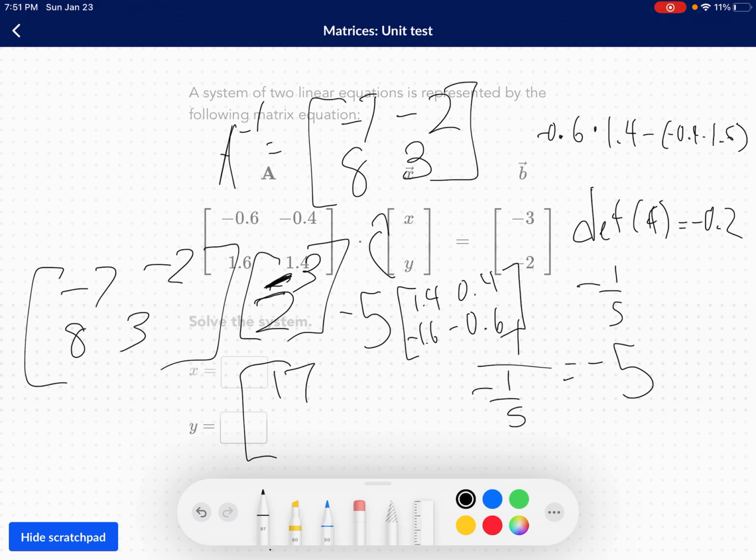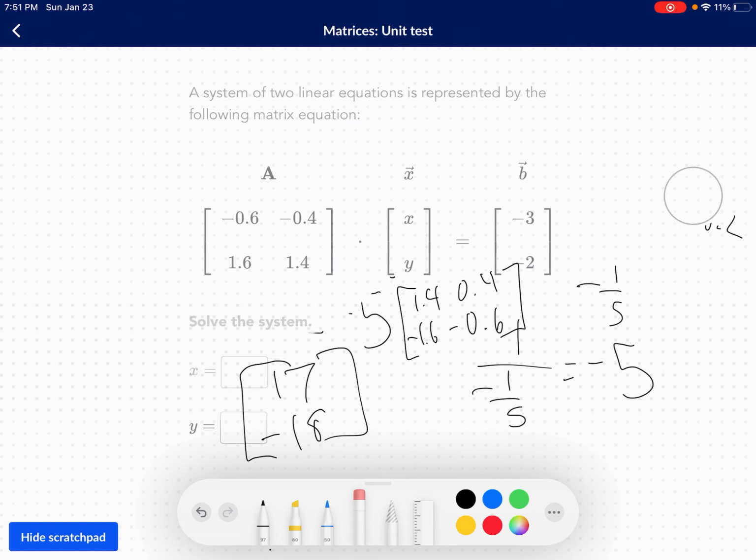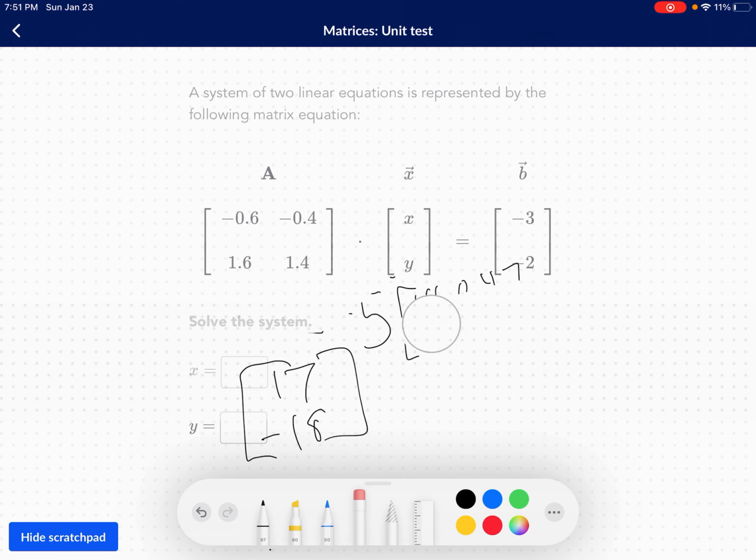And 8 times negative 3 is negative 24. Plus 3 times 2, which is 6. So negative 18. That's the answer I have right now. I'll make sure it's correct by plugging it in.